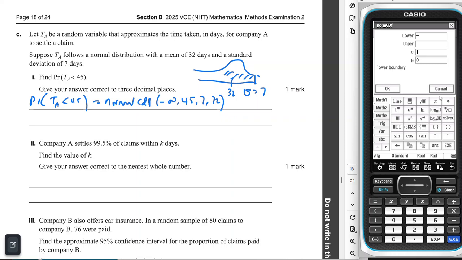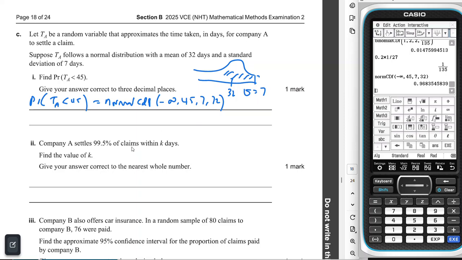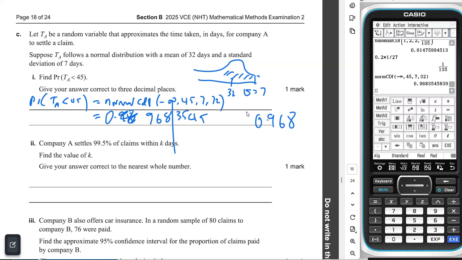Lower is minus infinity, upper is 45, standard deviation is 7 and the mean is 32. And that's 0.9868355, and we're doing 3 decimal places, so 0.987.